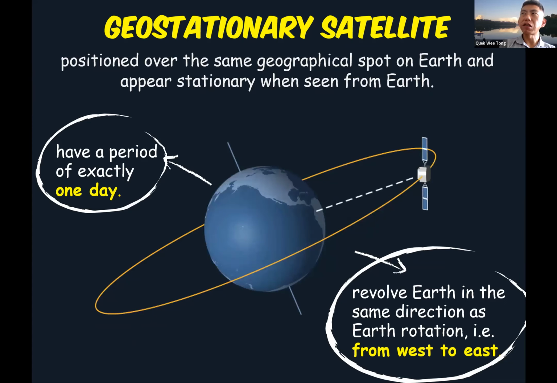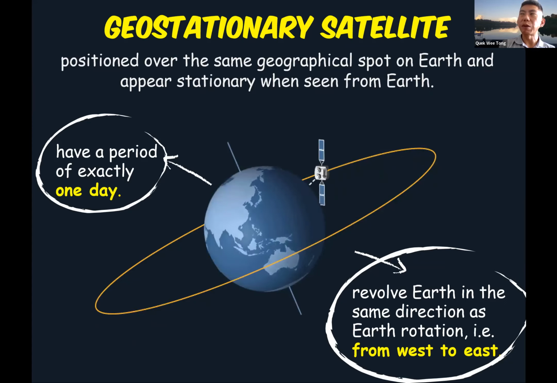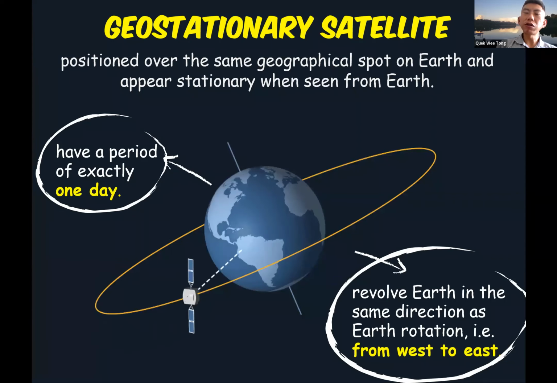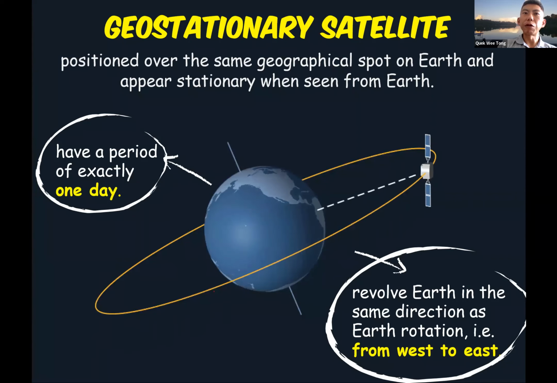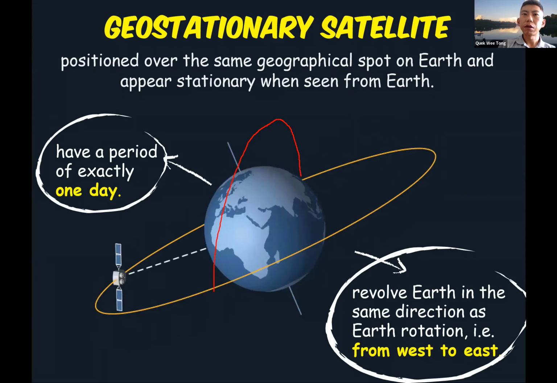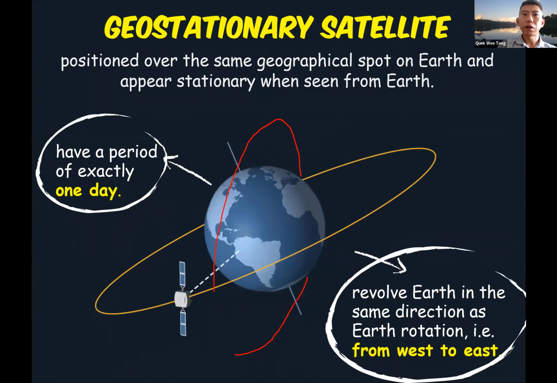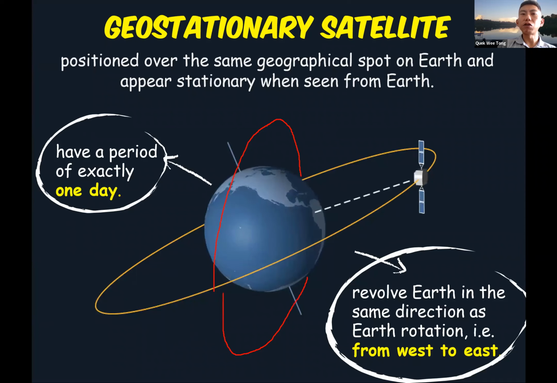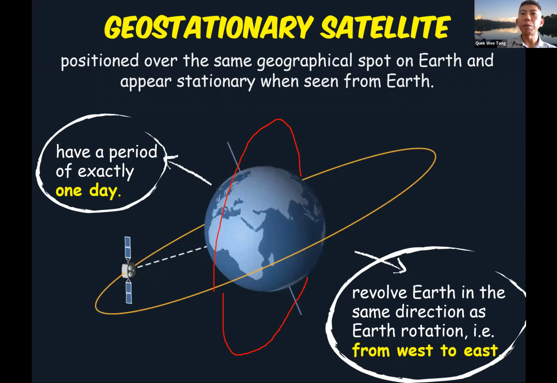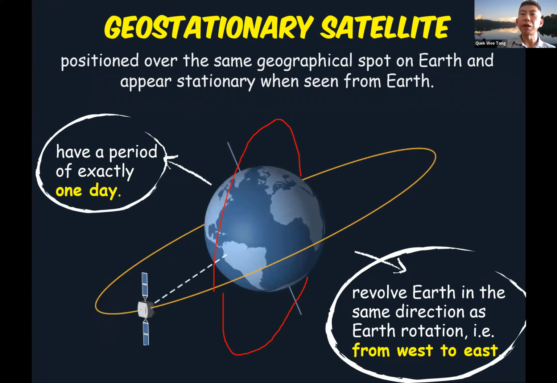Geostationary means standing on the same spot, so you'll see it at the same spot in the sky. It doesn't move. A non-geostationary satellite with a 24-hour period can go like this. But this is not geostationary because half the day it is in the northern hemisphere, half the day it is in the southern hemisphere.